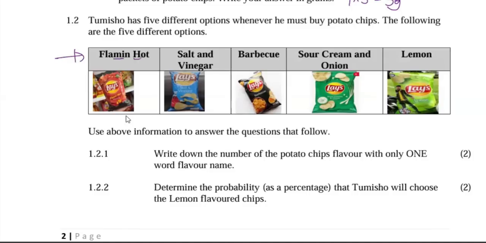These are 2, so we don't need this. Salt and vinegar, we don't need that. Oh, this is 1. This is sour cream, and this is not needed. Lemon, we need it. So the answer here, there are 2. Okay.